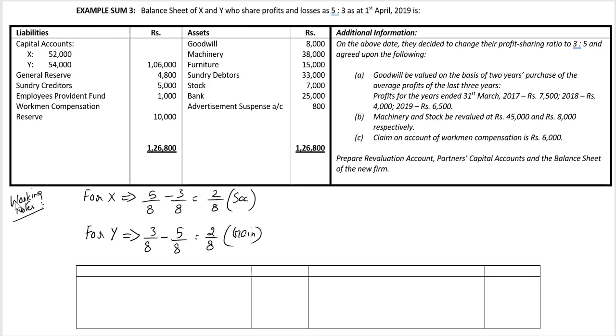Let's find out the value of goodwill. Goodwill of the firm. We need to use the average profits method. So it's average profits multiplied by the number of years purchase.